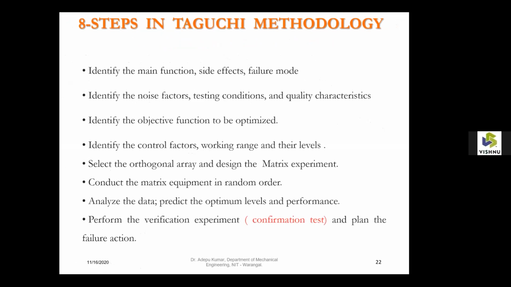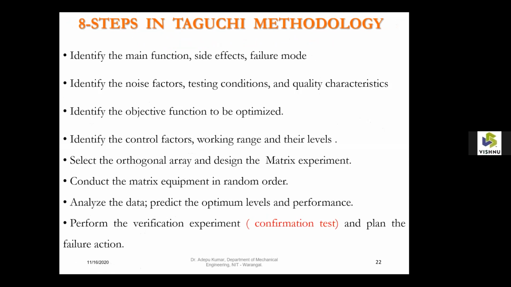There are 8 steps involved in the Taguchi method. One is to identify the function, and what are the side effects and the failure mode. So what is the function you are going to optimize? That objective should be clear.